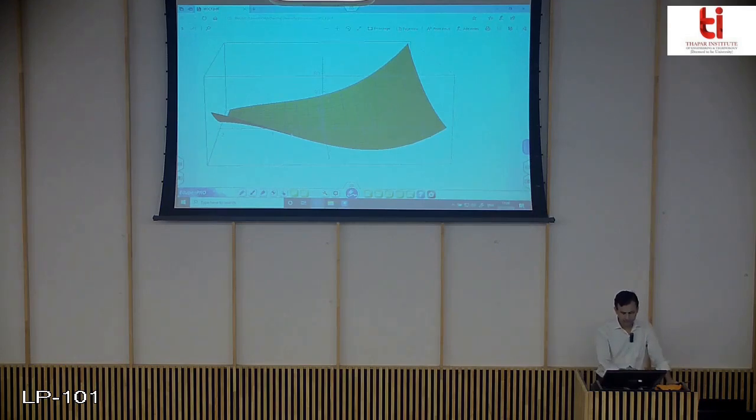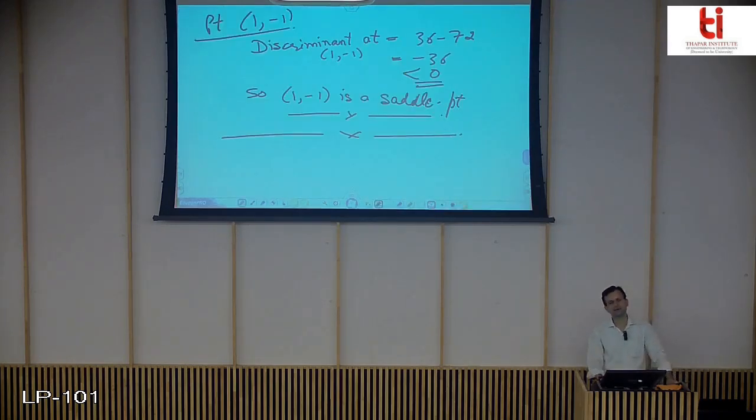The figure has a saddle-like shape, and exactly that point, the saddle point, is (1, -1), and (0, 0) is a point of local minima, somewhere here in the origin. So mathematically we have found that for this figure you have (1, -1) as a saddle point and (0, 0) as your local minima.